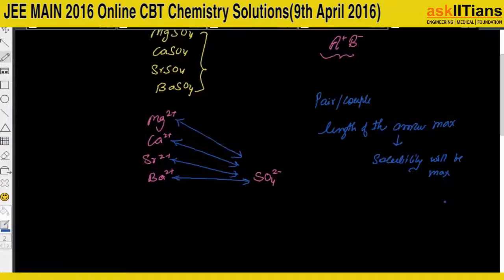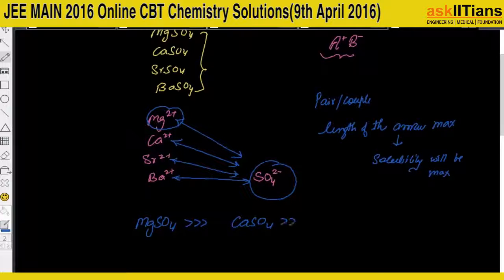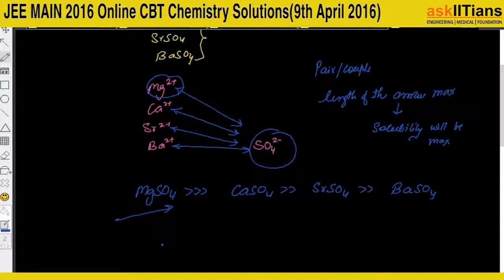Since magnesium is smallest in size and sulfate is the biggest in size, the arrow of MgSO4 is much greater in length as compared to CaSO4, which is greater in length as compared to SrSO4, which is greater in length as compared to BaSO4. And the same will be the order of solubility also.